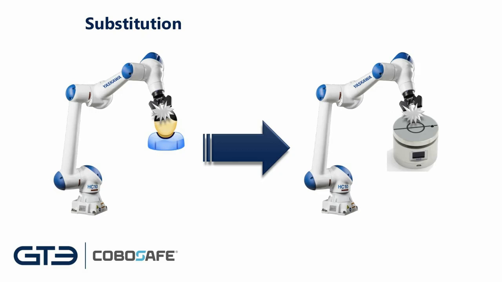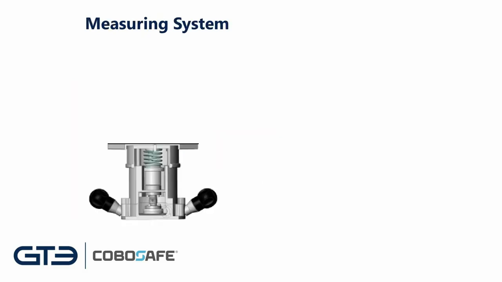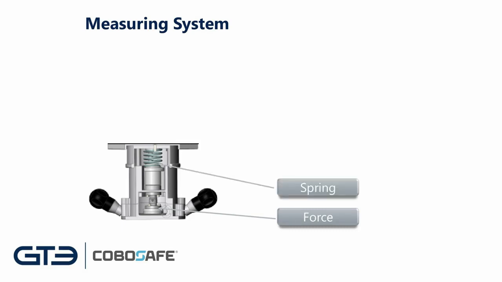So what do we need for Cobot safety testing? First, we of course need a measuring device, which consists of a force sensor, then a spring according to the ISO/TS 15066 or R15806.